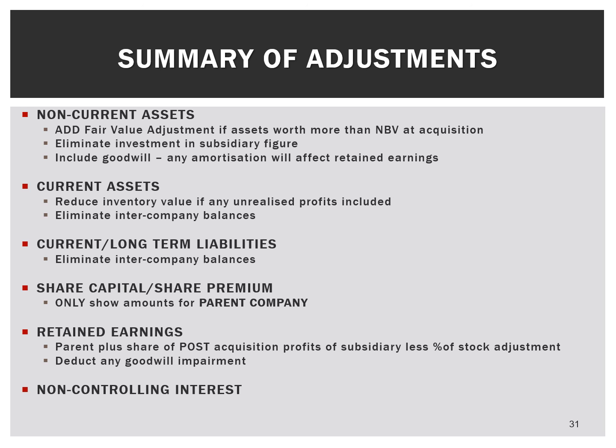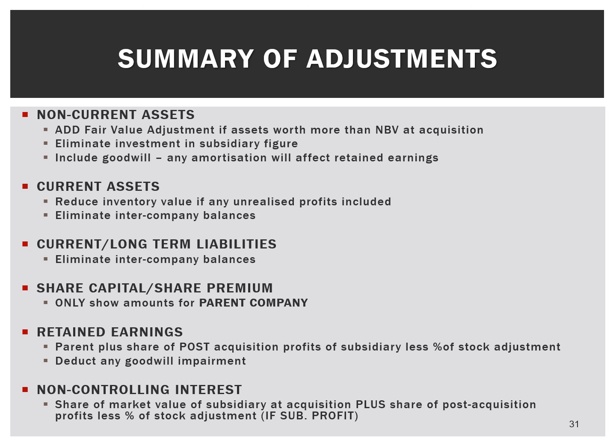And then finally, the non-controlling interest will be a share of the subsidiary's value at the date of acquisition of the shares by the parent company. That will have been calculated as part of the goodwill calculation.